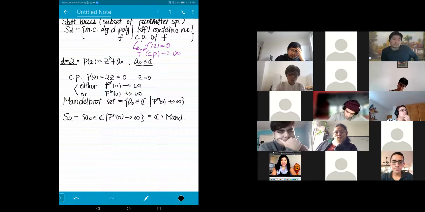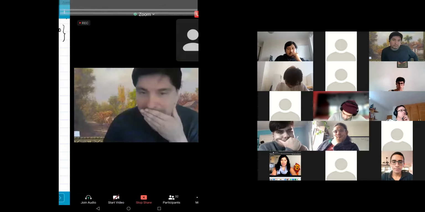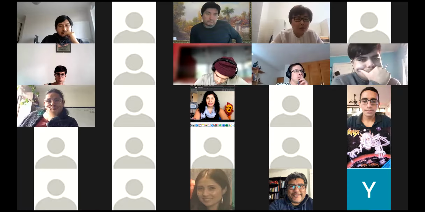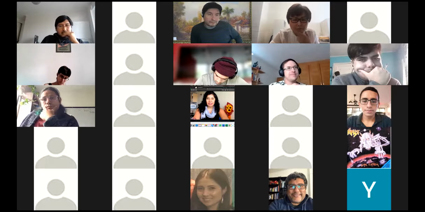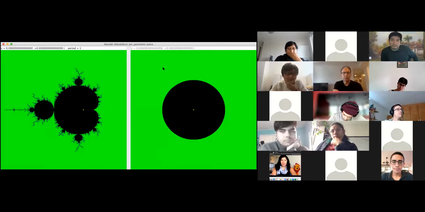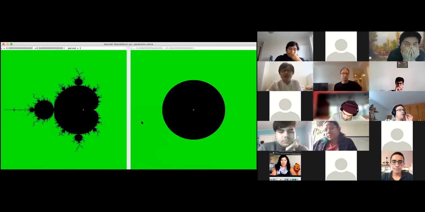Okay, let me try to share this program with you. So the picture on the left-hand side is the Mandelbrot set, this black guy, and the picture on the right-hand side is the corresponding Julia set.